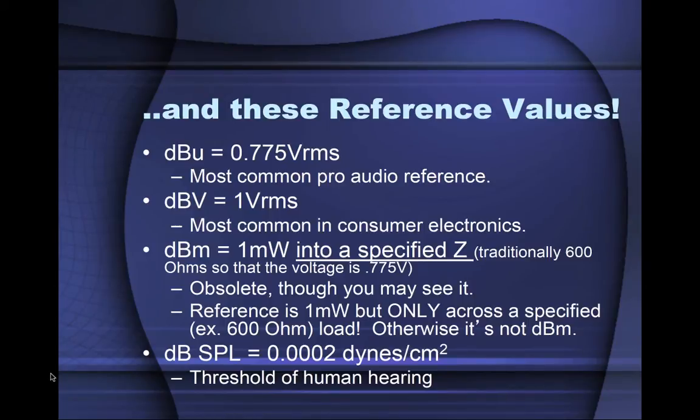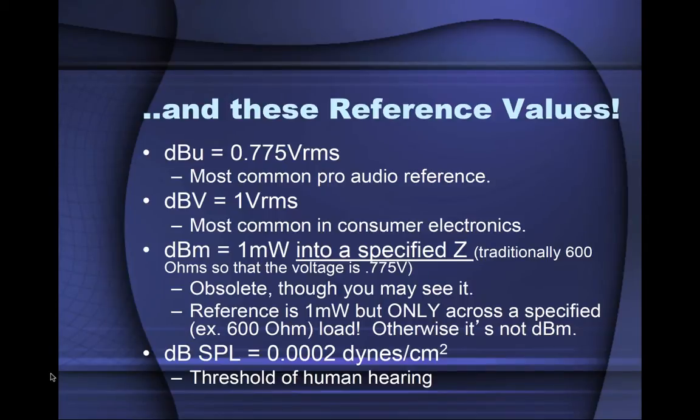So you may see dBm, but generally we much rather work with dBu. Now dBSPL, of course, you all know and love, our sound pressure level. And the reference value is the threshold of human hearing, which is 0.0002 dynes per centimeter squared.